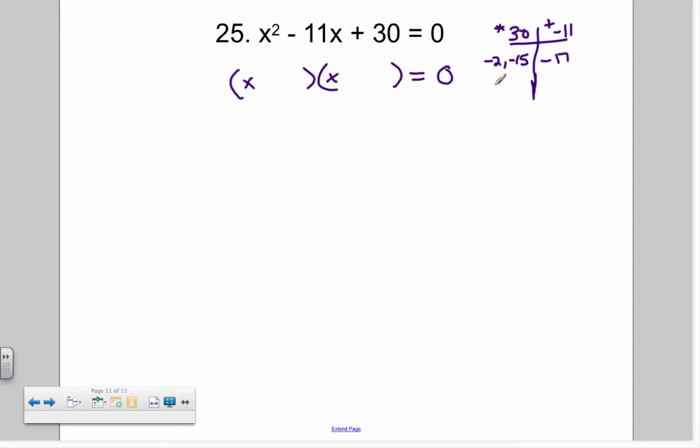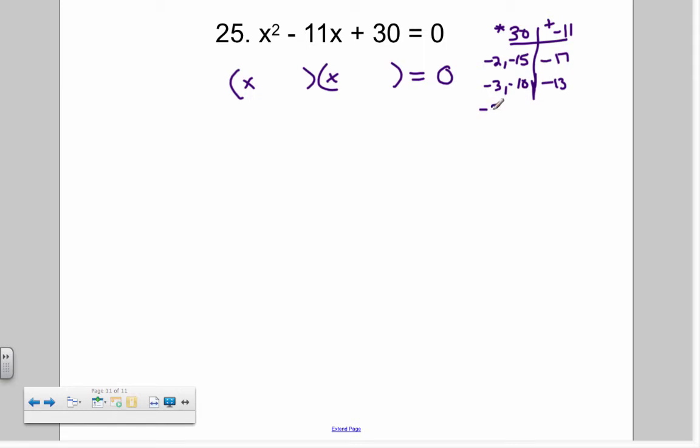So my next pair of factors might be negative 3 and negative 10. They multiply to positive 30, but they add to a negative 13, and that's also not what I'm looking for. 4 is not a factor of 30, so I don't use that. And then I can go to 5.